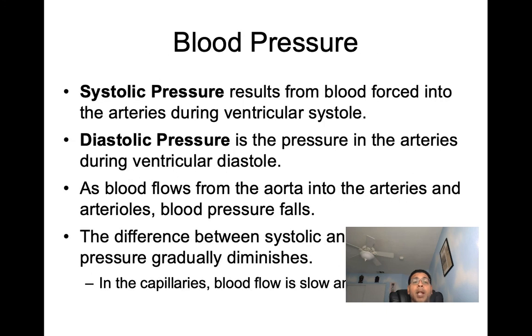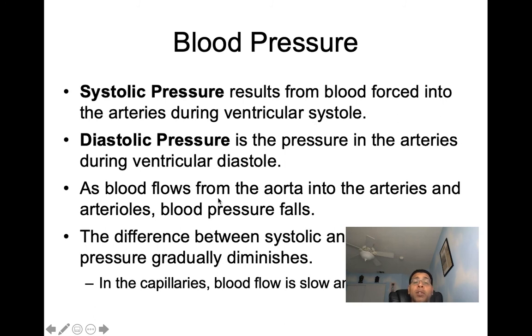Next, then let's talk blood pressure. When we talk blood pressure, I'd like you to know first we have the term systolic pressure. Systolic pressure is going to result from blood being forced into the arteries during ventricular systole. Then we have the term diastolic pressure. Diastolic pressure we'll see is the pressure in the arteries during ventricular diastole.